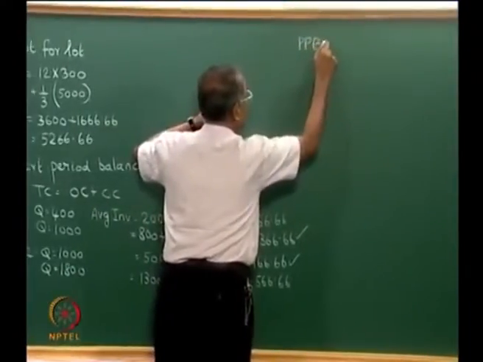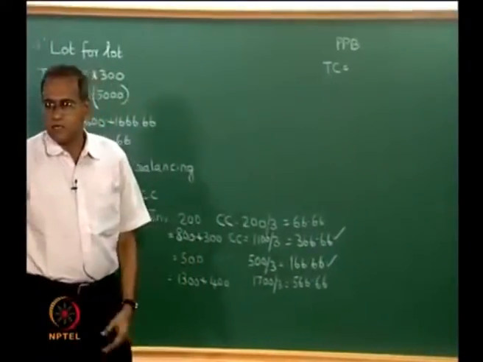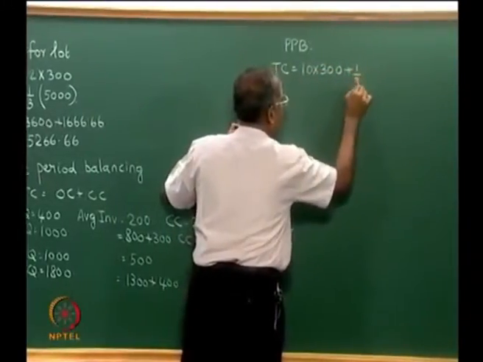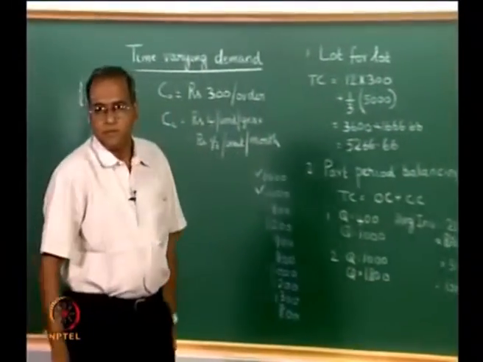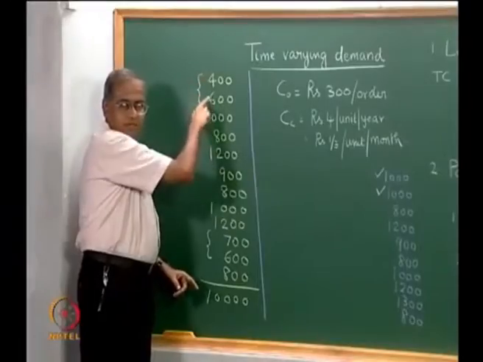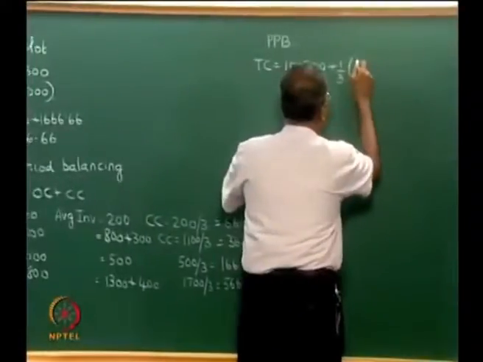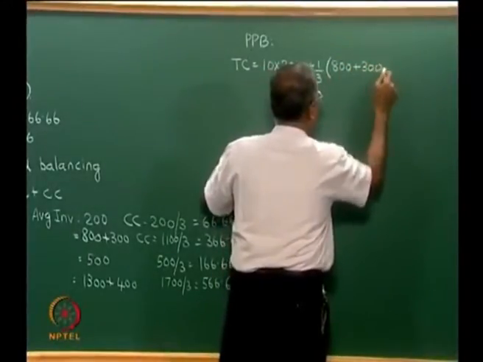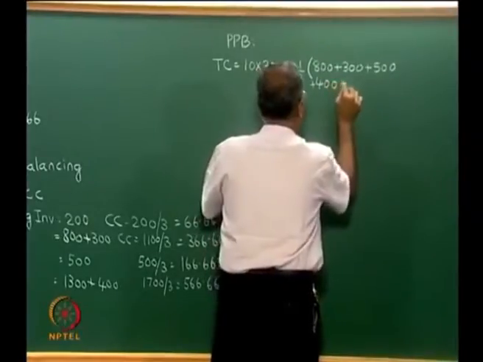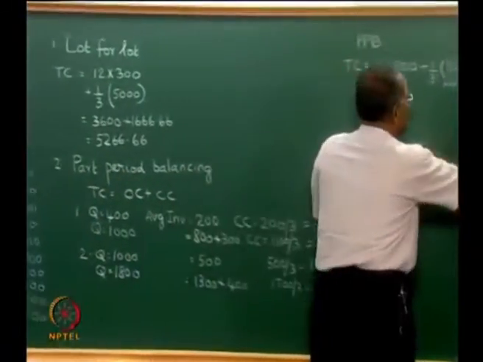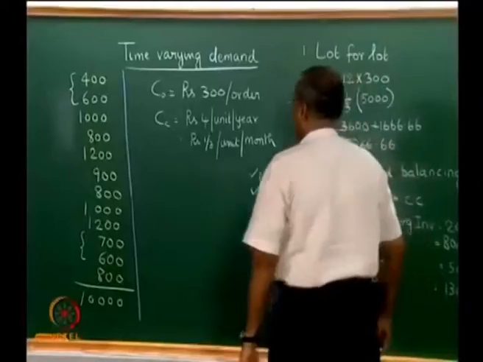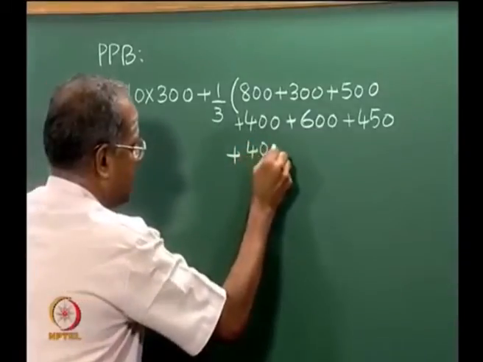So, PPB cost is equal to, there are 10 orders, so 10 into 300, plus 1 by 3 into, so here the first period is 1000 plus 600 divided by 2, so this is 800 for the first period, 300 for the second, third will be 500, fourth will be 400, fifth will be 600, sixth will be 450, 400, 500, 600.